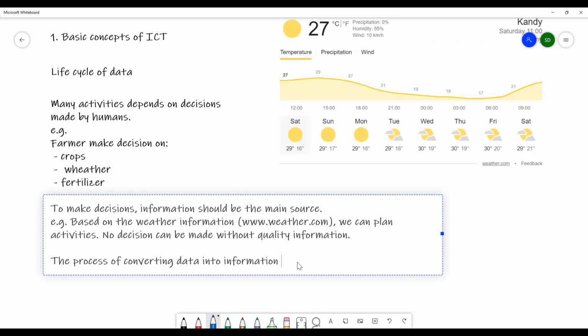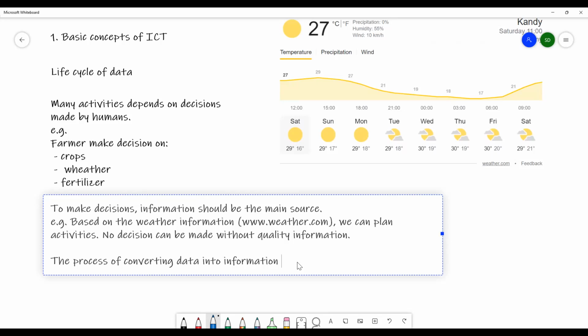Now, first of all, tomorrow's weather is information, right? And today's rainfall is data. Today's wind speed is data, right? Tomorrow's weather is information.